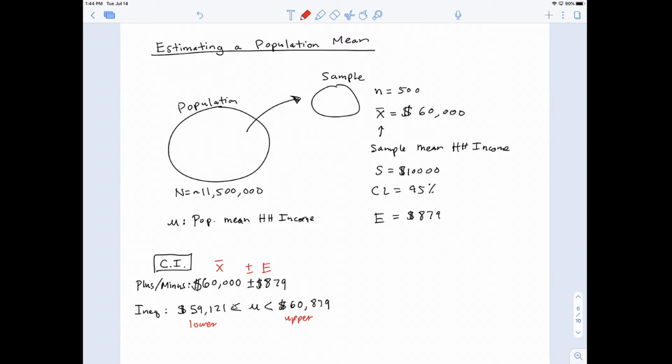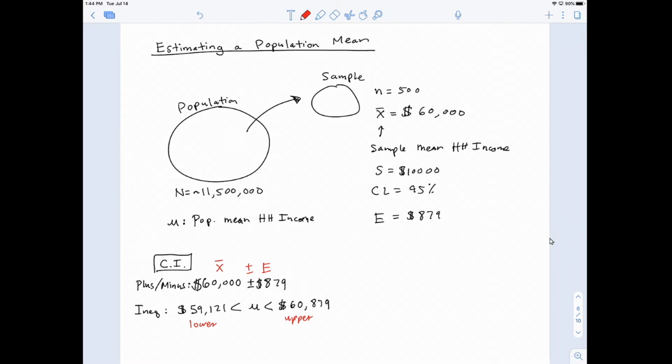What we're saying with this notation is that the population mean household income for Californians is anywhere between 59,121 and 60,879, and that we're 95% confident that the actual true population mean household income is between those two numbers.